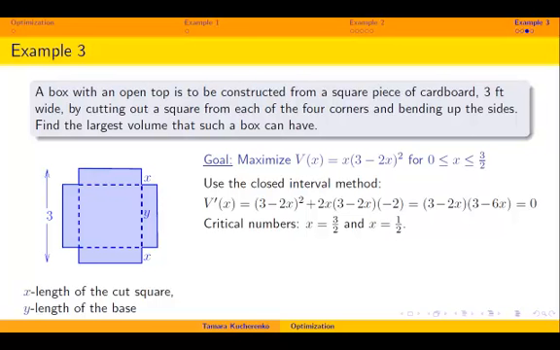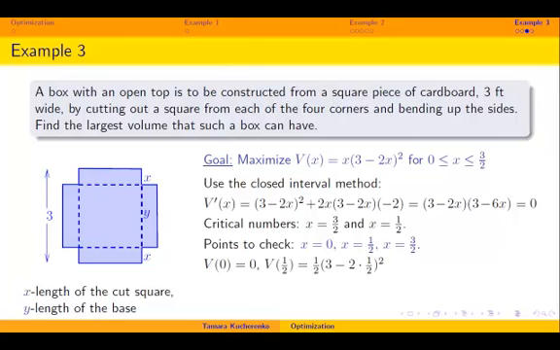To find the maximum of V, we compute the values of V at critical points and endpoints of the interval. There are 3 points to check: x equals 0, x equals 1/2, and x equals 3/2. We compute V of 0 to be 0.